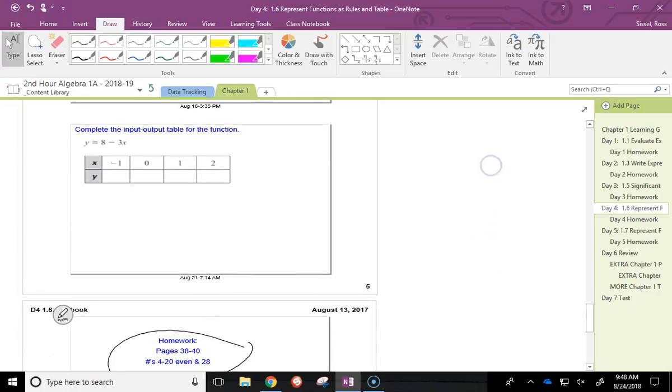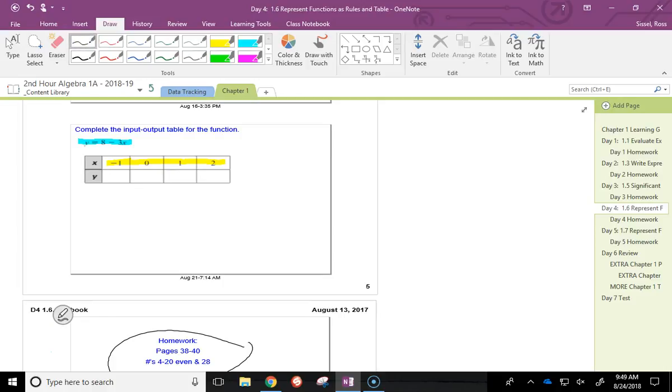Complete the input-output table for the function. These are very simple. They've already told us our domains. Then they give us the function, 8 minus 3x. So to find our y value, our range, all we have to do is evaluate the expression like we did before.